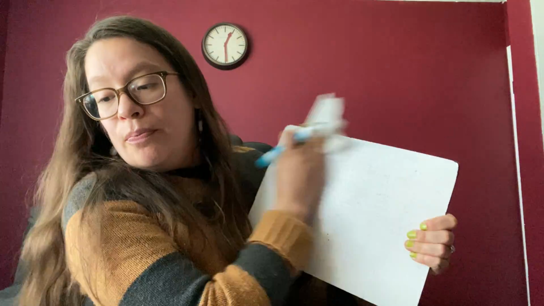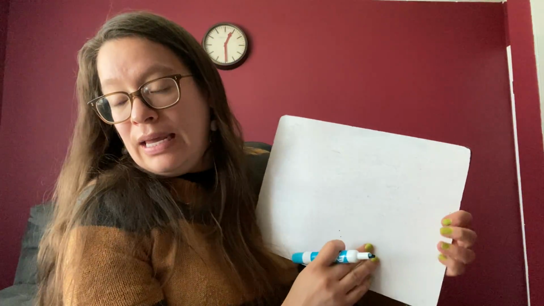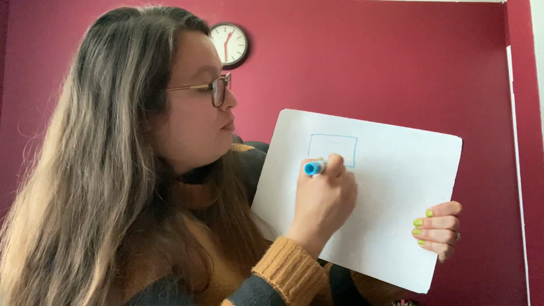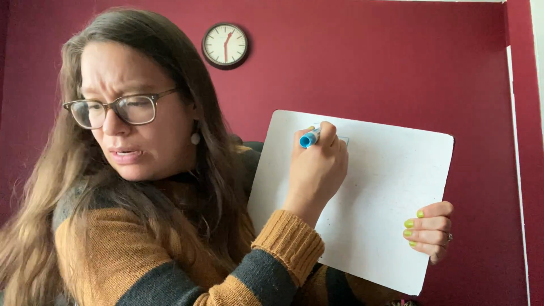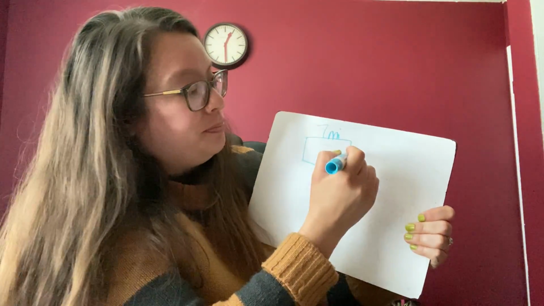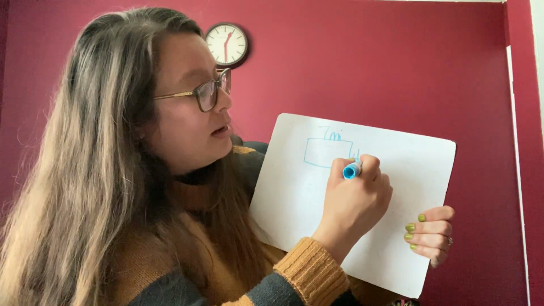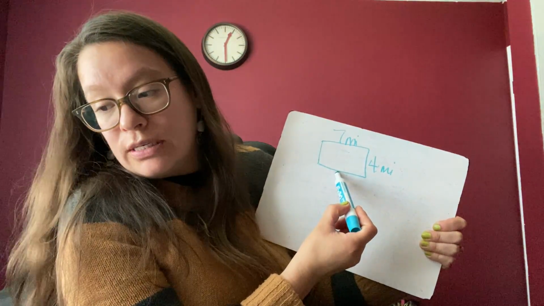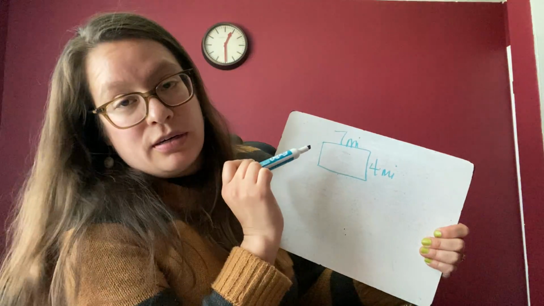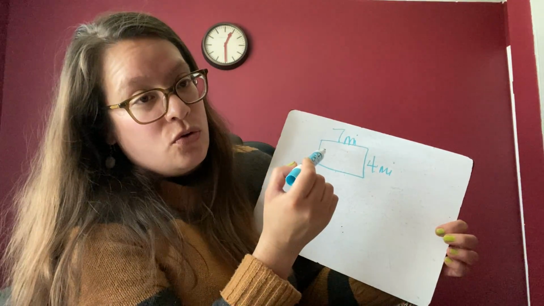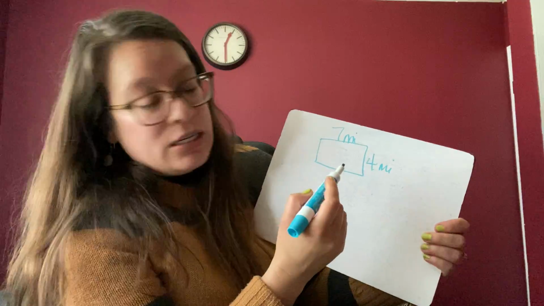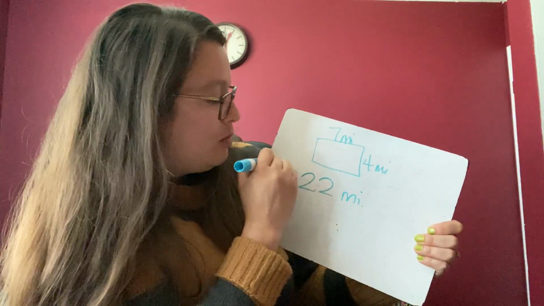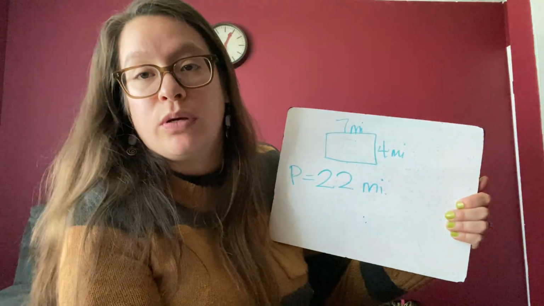All right, so if we wanted to find the perimeter of this rectangle, it's 7, what does it say? 7 miles and 4 miles. So 7 plus 7, 14, plus 4, 18, plus 4 is 22 miles. That's the perimeter. P equals 22.